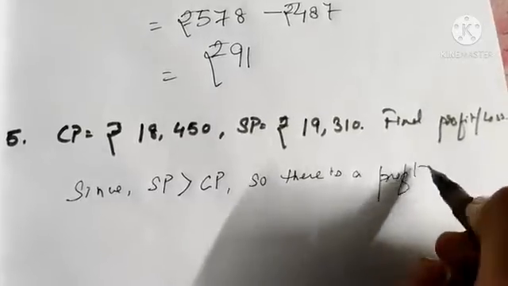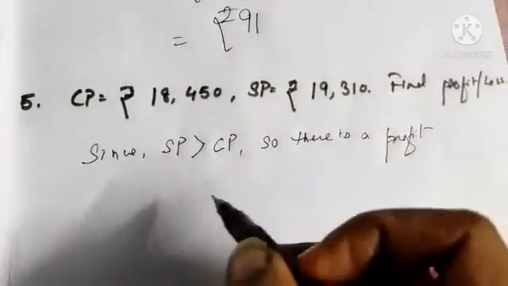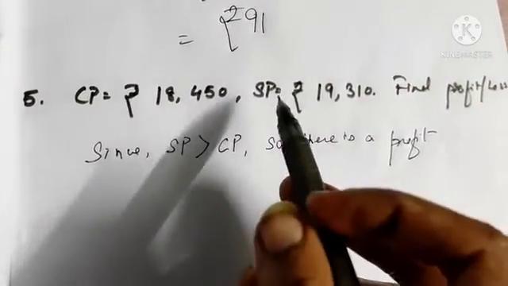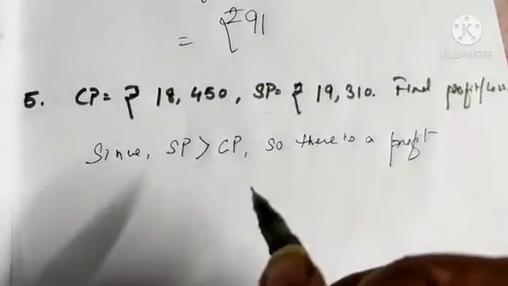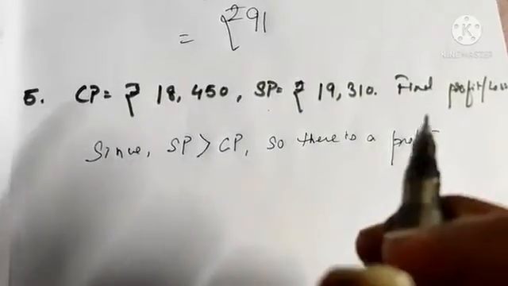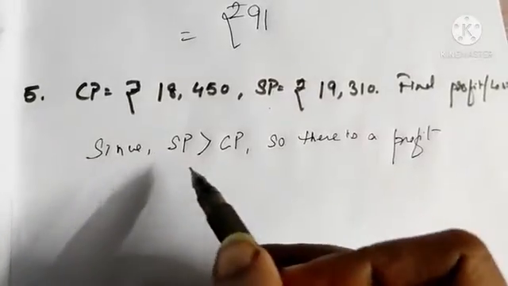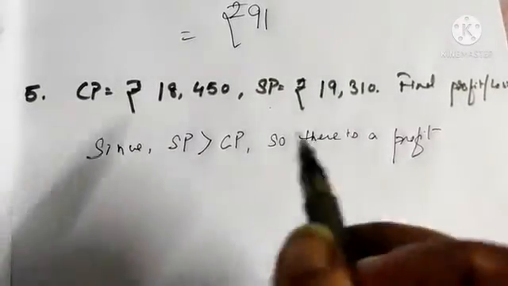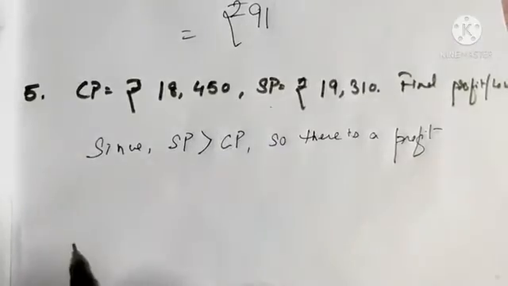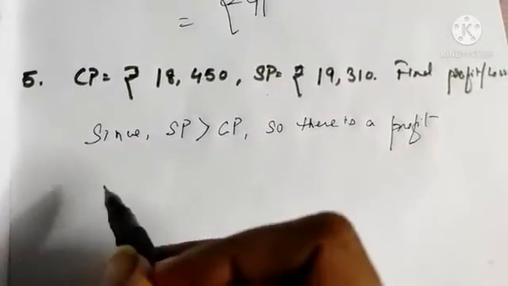Selling price is more than cost price. So shopkeeper sells his goods or product at higher price. So he makes a profit.